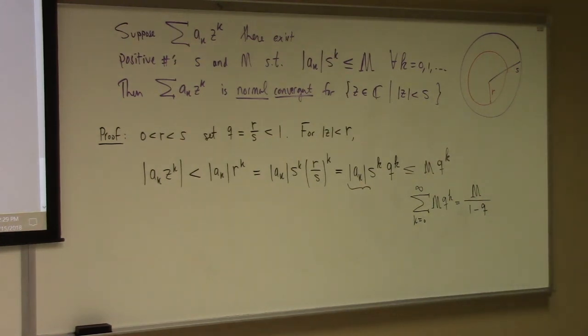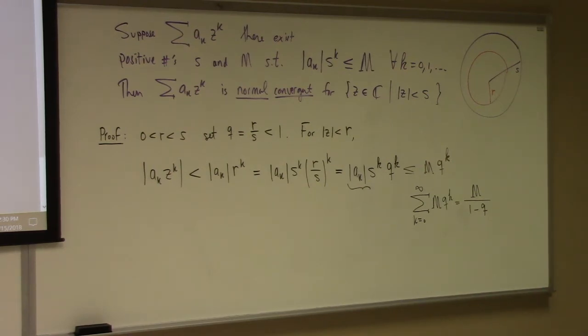In other words, this series, m times q to the k, serves as a majorant for the given series, a k z to the power k. So by Weierstrass's m-test, we have uniform convergence for all z for which this estimate makes sense.